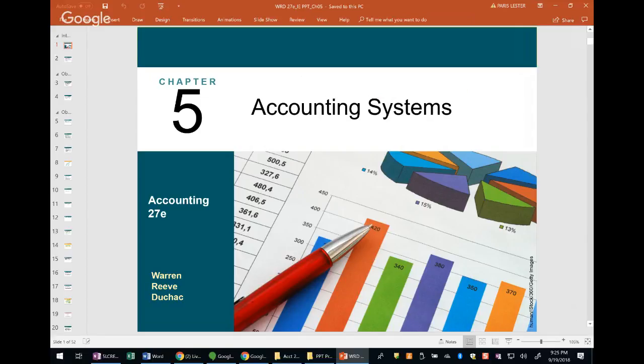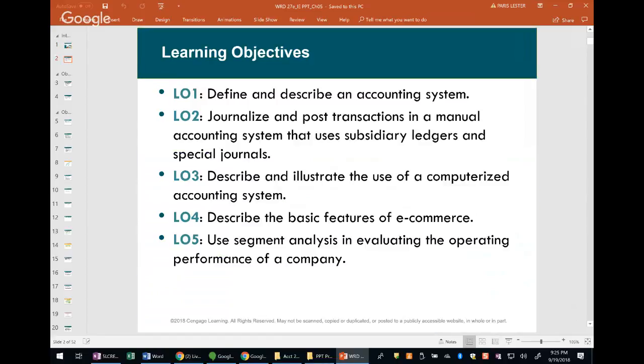Accounting systems. Each business has different types of books. They have different accounts: a service business versus a retail business versus a manufacturing business or mining business or government, different accounts. With accounting systems, usually we think of using computers.